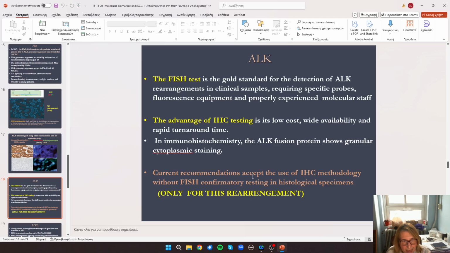Only for ALK, current recommendations accept the use of immunohistochemistry without FISH in order to test for this genetic alteration, because a specific validated antibody and a specific validated platform and automated immunohistochemistry have been developed.